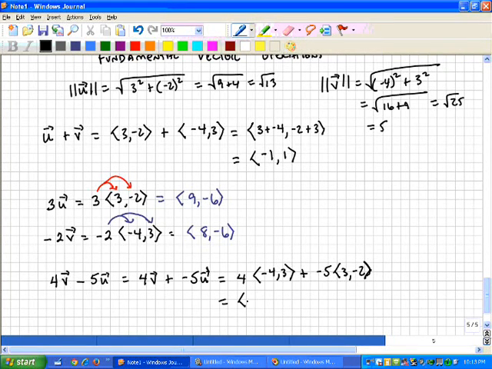So this would be the vector ⟨-16, 12⟩ plus ⟨-15, 10⟩, or ⟨-31, 22⟩.